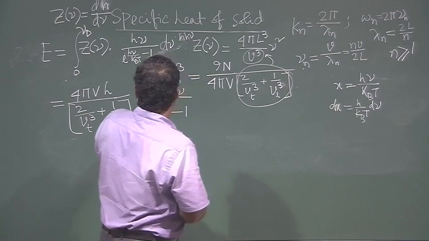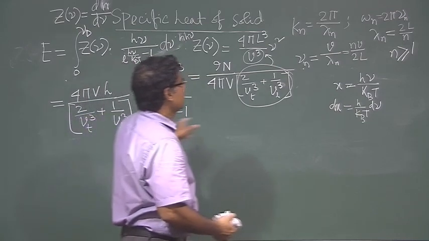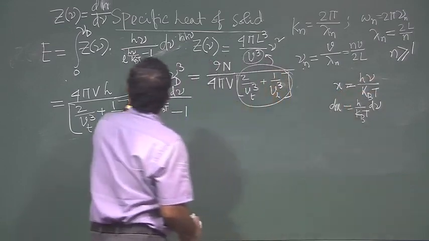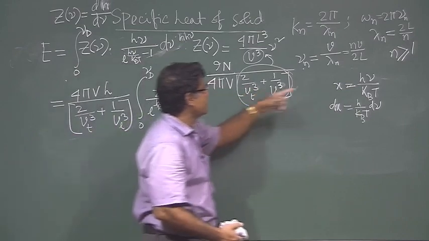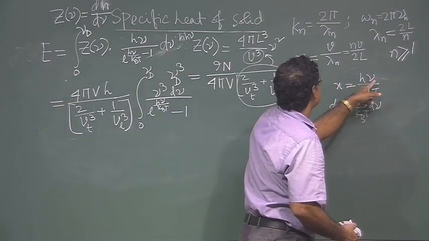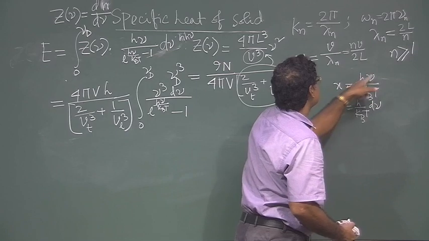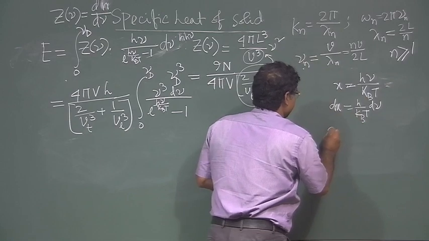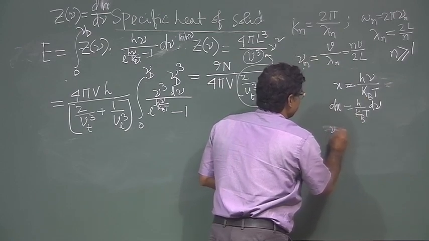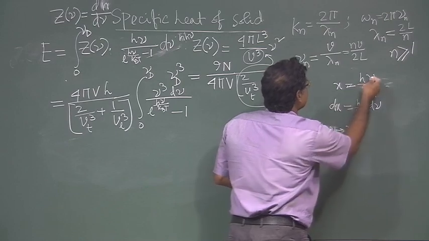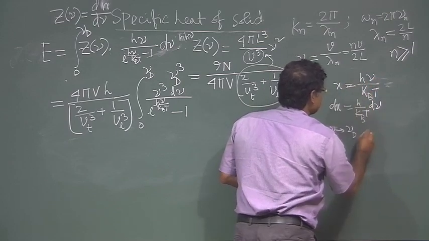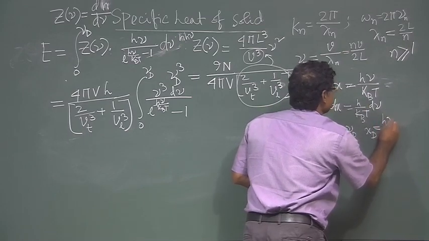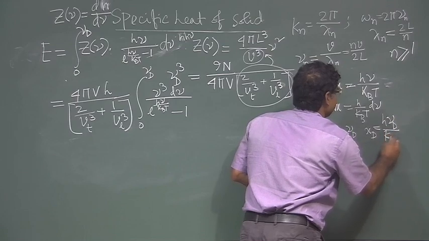So, when nu tends to 0, x tends to 0. When nu tends to nu d, x tends to h nu by kBT. So, for nu tends to nu d, I will get x d equal to h nu d by kBT.